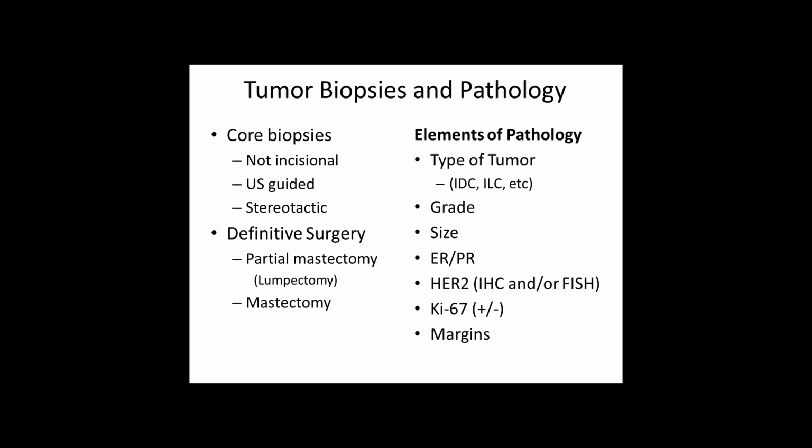And even in women who have 1 or 2 positive lymph nodes, many surgeons are stopping at the sentinel lymph node biopsy, which markedly reduces the risk of developing lymphedema in the arm subsequently.